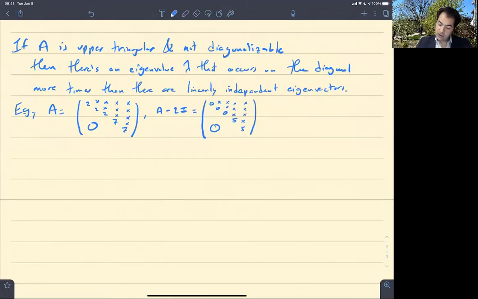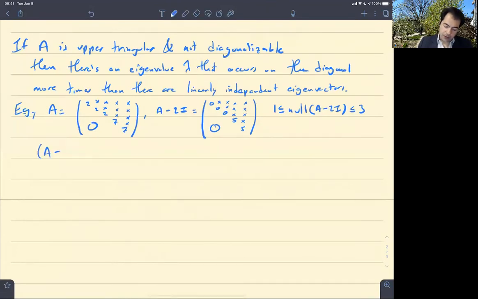Okay, so this tells us that the nullity of A minus 2 times the identity is somewhere between 1 and 3. We know you have to have an eigenvector for the eigenvalue 2, so the nullity is at least 1, and here you can see that e1 is going to be an eigenvector. But the nullity is at most 3, because this has rank at least 2, and so nullity at most 3.